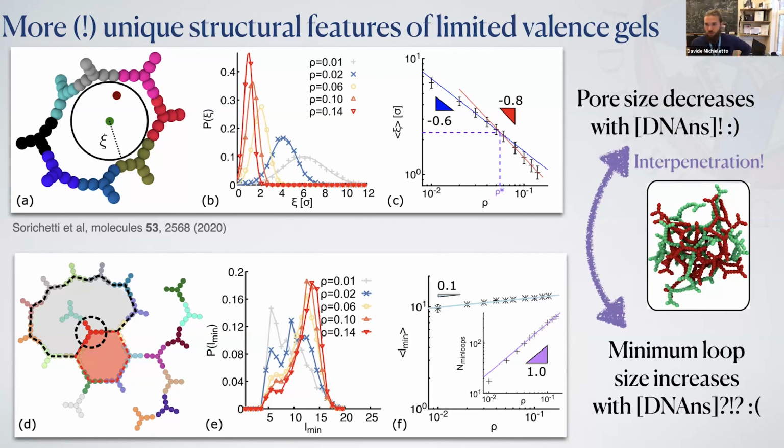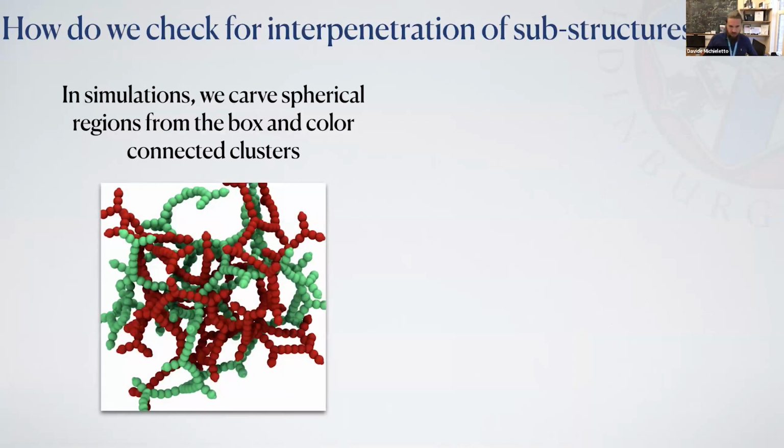So what we were seeing, and how we can explain these findings, is that at some point the network decided to form two almost independent networks that thread through each other. So the loops themselves become bigger, but the three-dimensional mesh size becomes smaller. We've done a little bit more tests with this interpenetration.